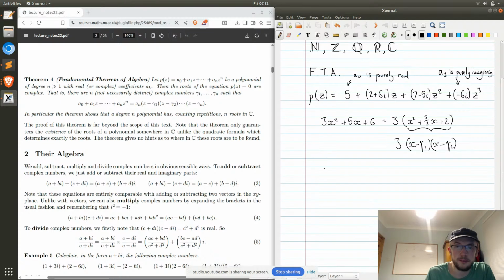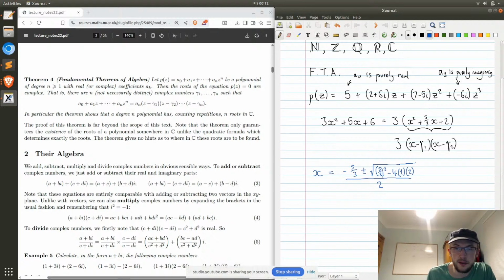All right, let's actually do it. All I'm thinking about is that monic quadratic right there. So I'm going to say minus 5/3 plus or minus the square root of 5/3 squared minus 4 times 1 times 2, and then all of that is divided by 2 itself.